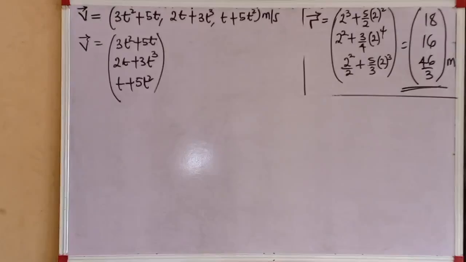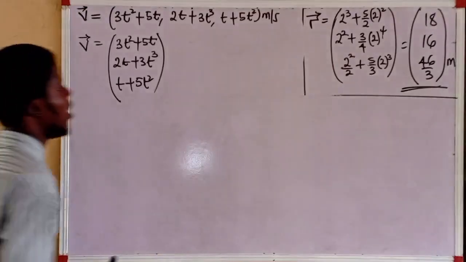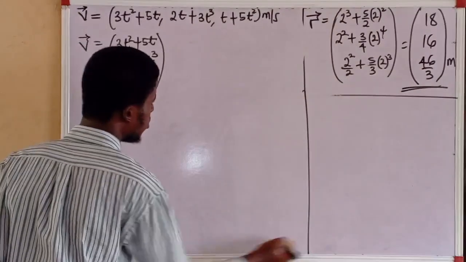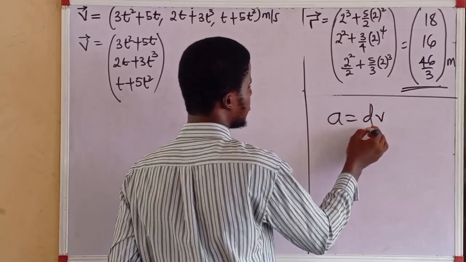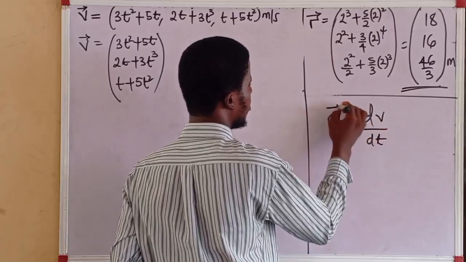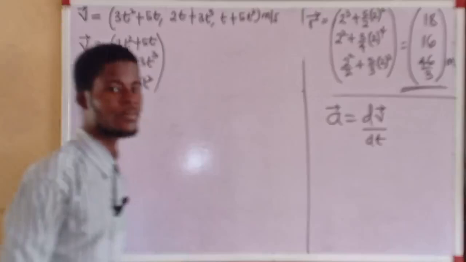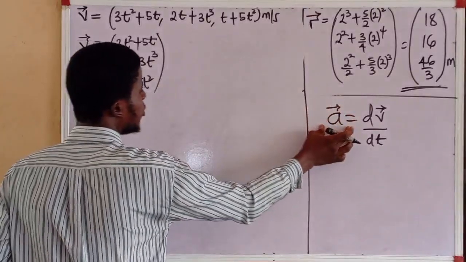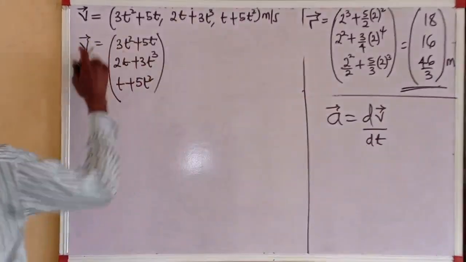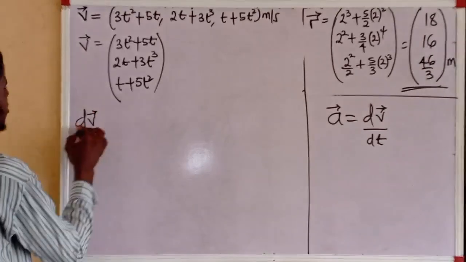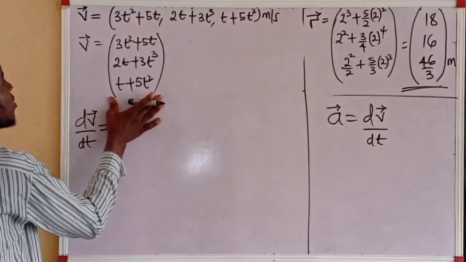Let's neglect the unit first. Acceleration is the rate of change of velocity with time. So to get the acceleration, we need to differentiate the velocity with respect to time. Let's differentiate this velocity vector now.